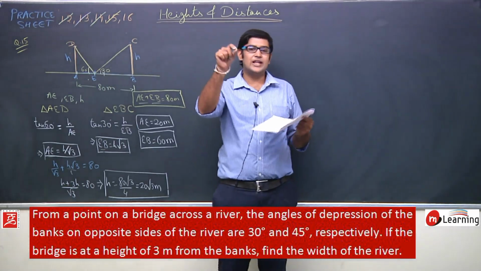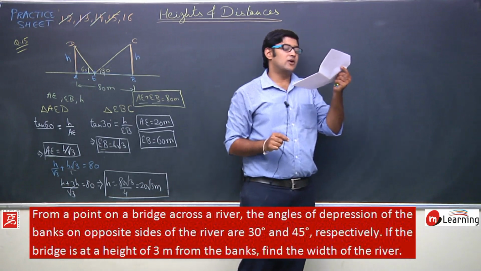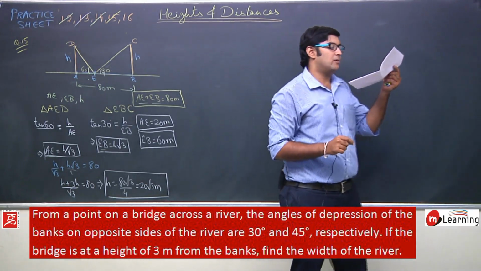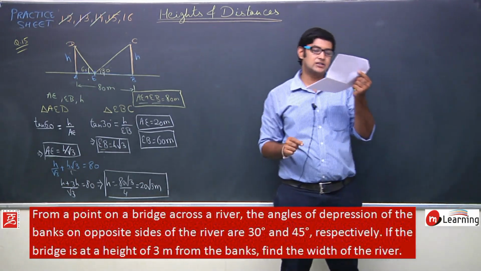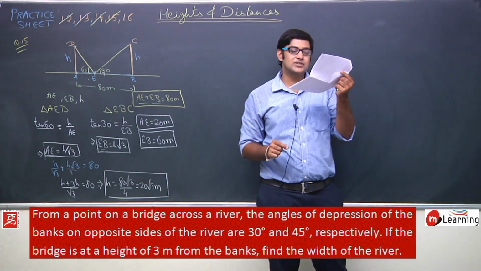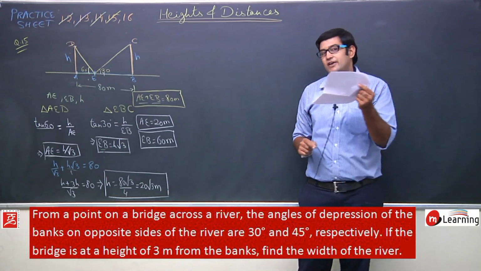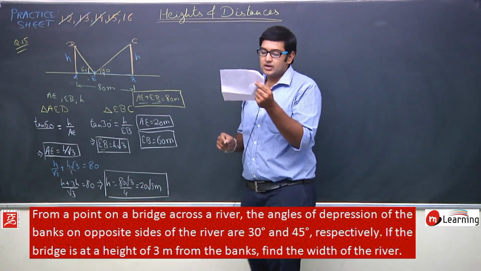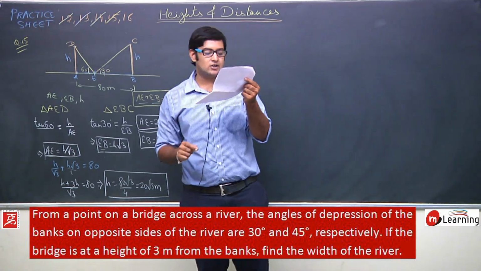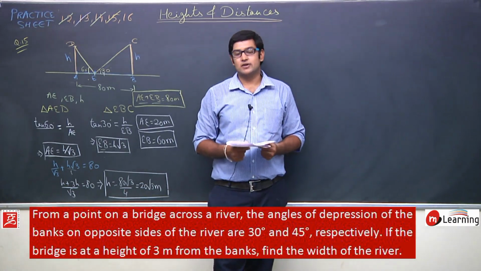And on that bridge, from a point, the angles of depression of the banks on opposite sides of the river are 30 degrees and 45 degrees respectively. If the bridge is at a height of 3 meters from the bank, find the width of the river.